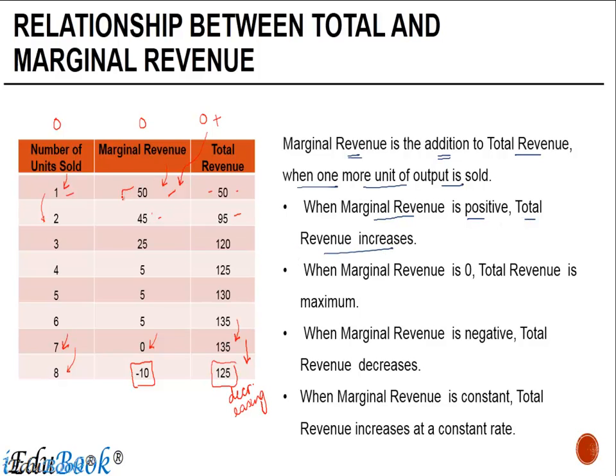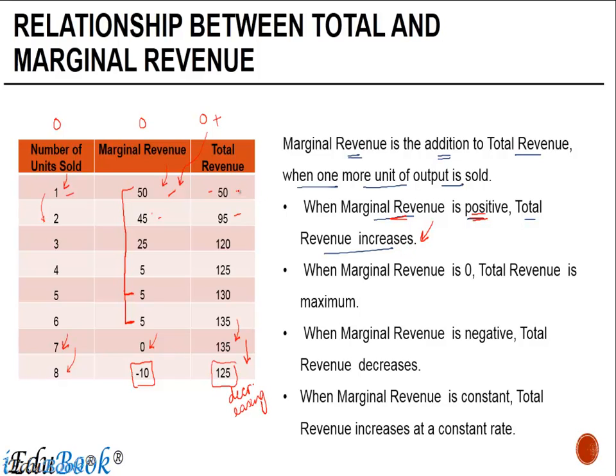The marginal revenue is positive from this place to this place. As long as the marginal revenue is positive, the total revenue increases from sale of every additional commodity.